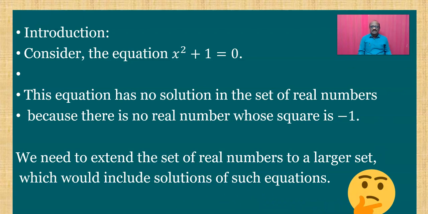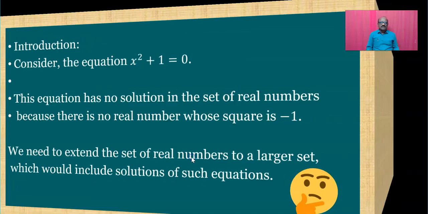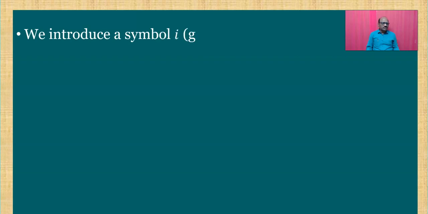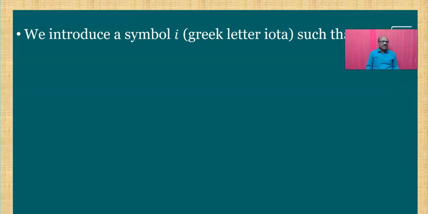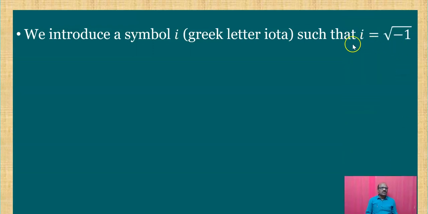Now next, we introduce a symbol i, the Greek letter iota, such that i square is equal to minus 1, or i is equal to root of minus 1.